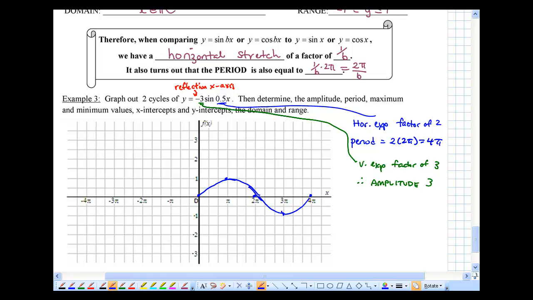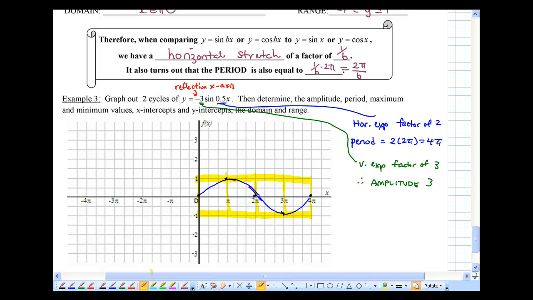Can you see these 4 parts? If I were to draw a box around here, this is a box, right? Well, I can cut it in half, cut it in half, cut it in half, and those give me some nice places where I can put what I call important points, right? Y equals 0, y equals 1, y equals 0, negative 1, 0.